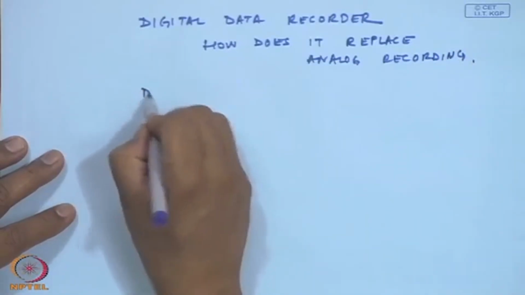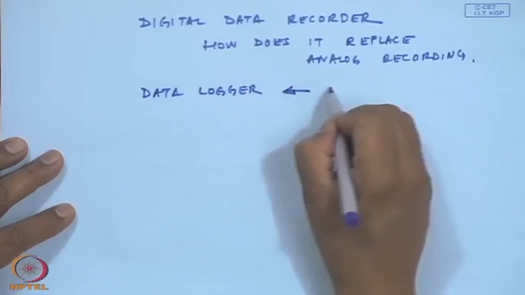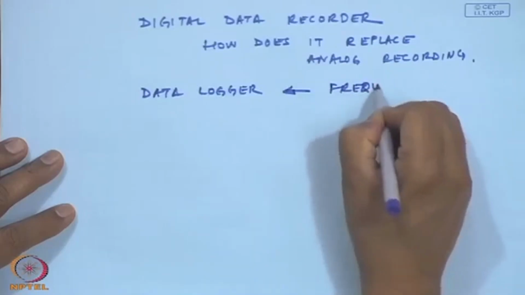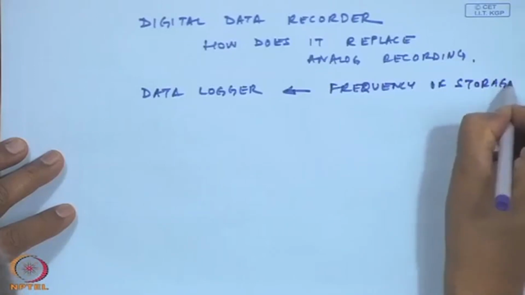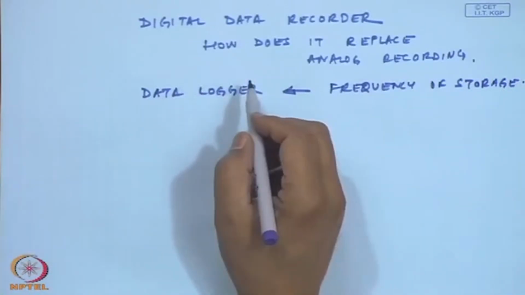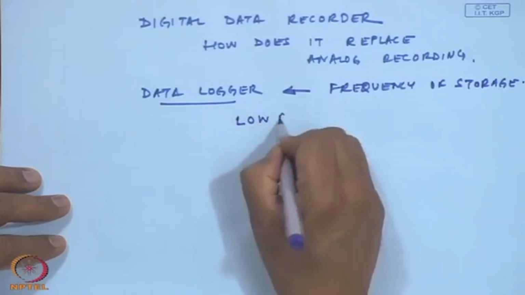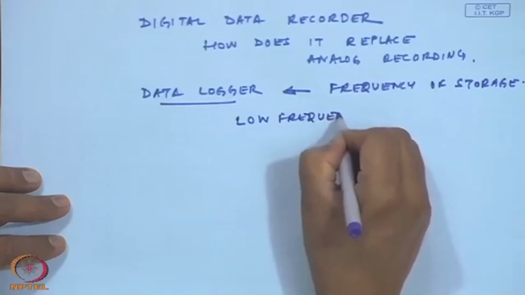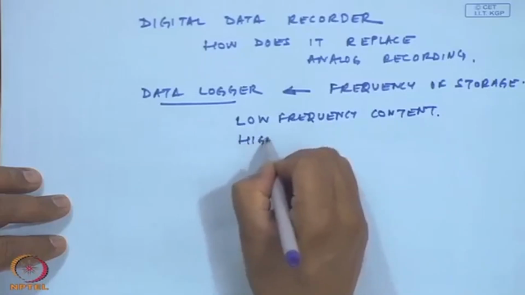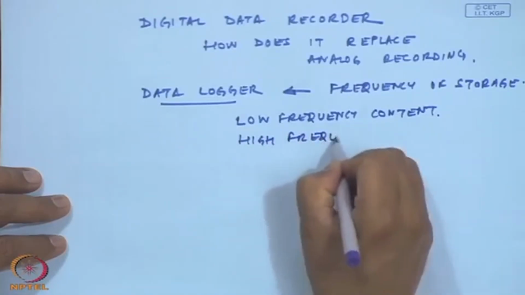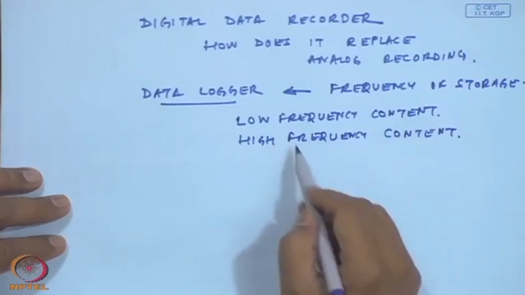So, in this data logger, as we will call it, I can decide the frequency of storage, maybe continuously, and imagine I have a signal which has low frequency content, and another which has high frequency content, like the case of the thermocouple and the accelerometer.